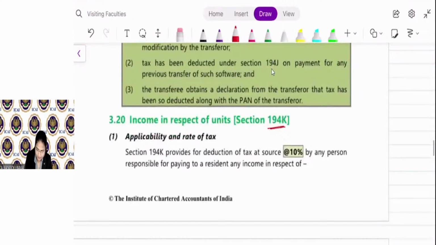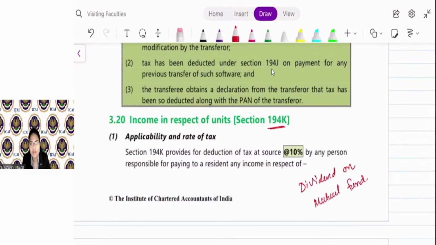But if you are receiving dividend on a mutual fund, then the mutual fund will deduct TDS on such dividend under section 194K, because section 194 is specifically given for shares.